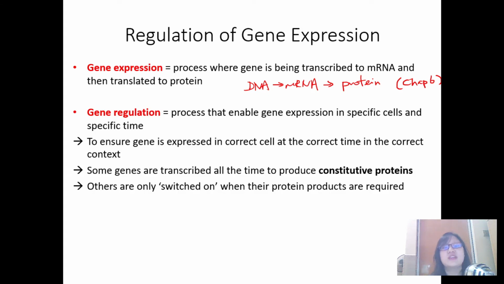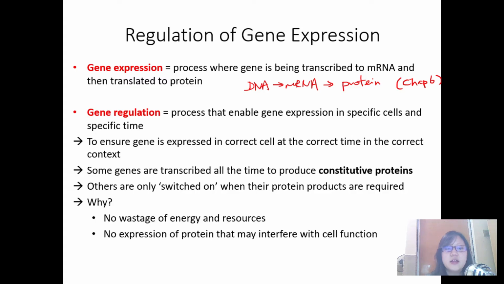This is a good thing and very important because, number one, this ensures that there's no wastage of energy and resources. When you have too much of a particular protein, it will stop being produced, or only when you need it, it will be produced. If not, it will not be produced.